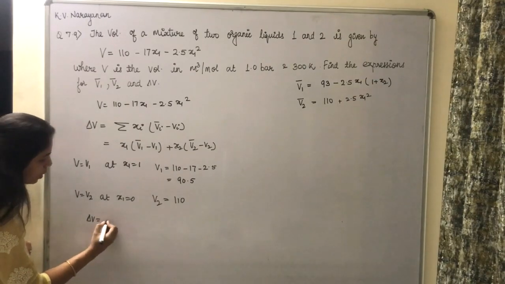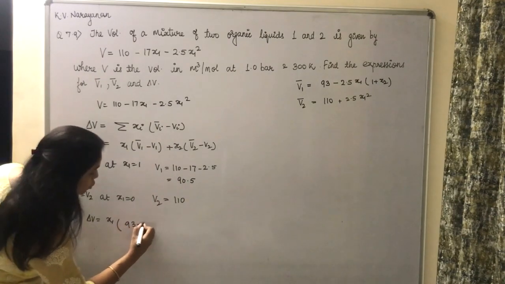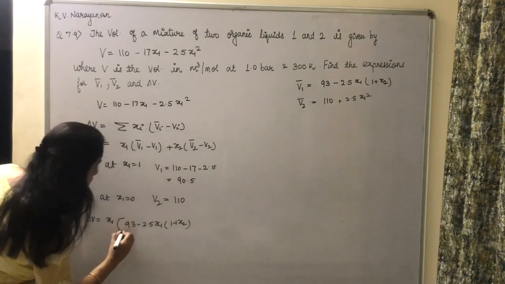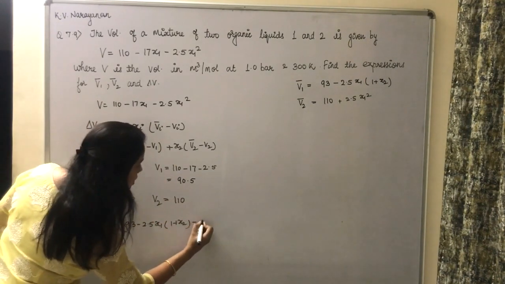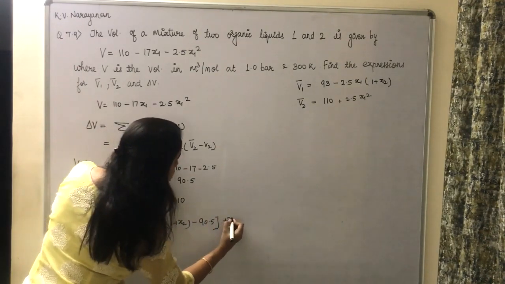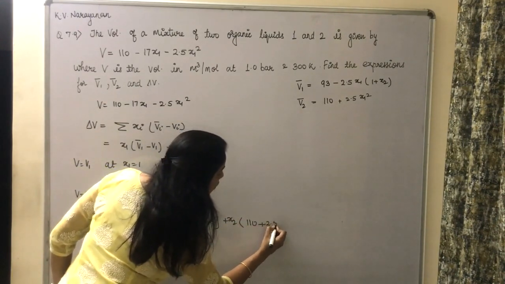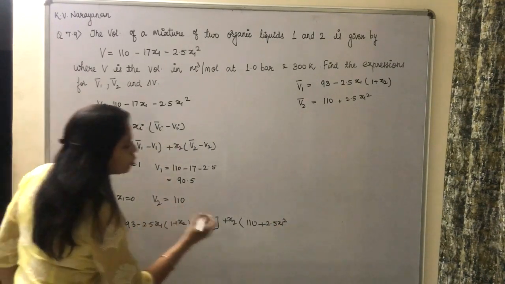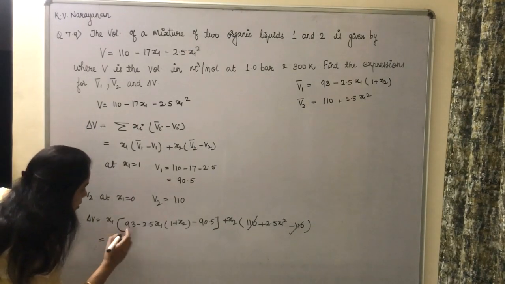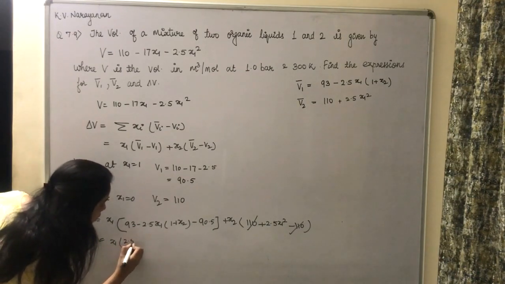So delta V = x1 (93 - 2.5 x1 (1 + x2) - 90.5) + x2 (110 + 2.5 x1² - 110). The 110 is cancelled, and here it is 93 - 90.5, which is 2.5.